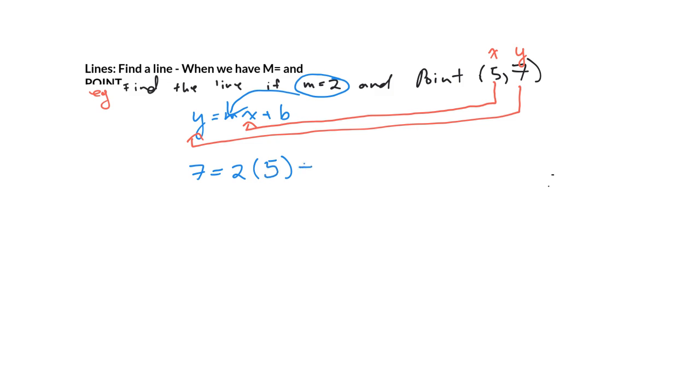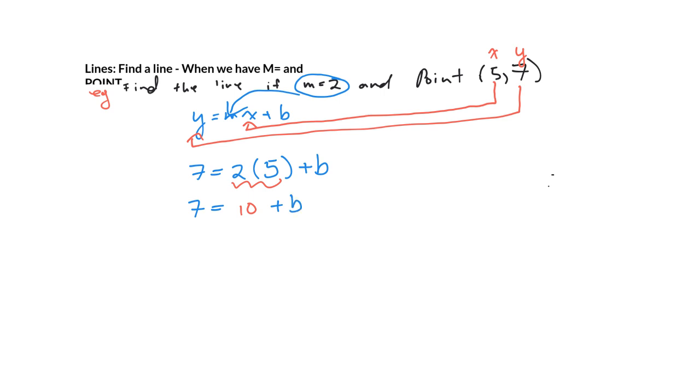And then all that's left is our b value. Now, here is the hard part. Once you have done that, you take 5 and 2, multiply them together, and you get 10. So that means 7 is equal to 10 plus b.